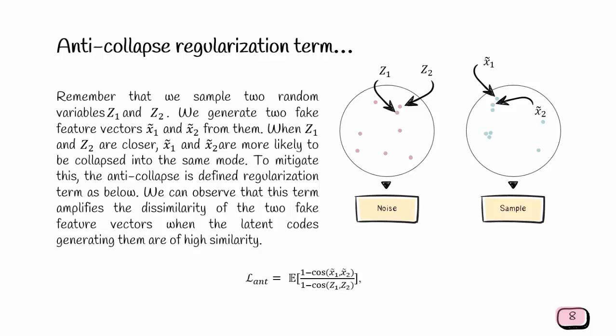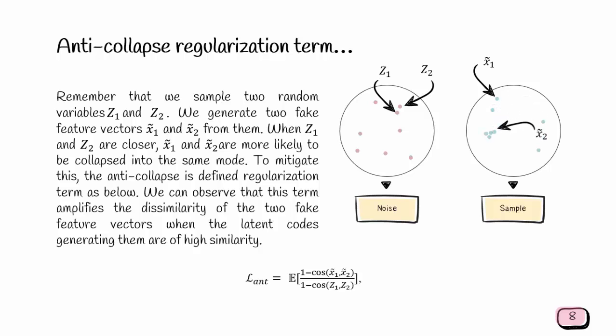Anti-mode collapse regularization term. Remember that we sample two random variables z1 and z2. We generate two fake feature vectors x1 hat and x2 hat from them. When z1 and z2 are closer, x1 hat and x2 hat are more likely to collapse into the same mode.